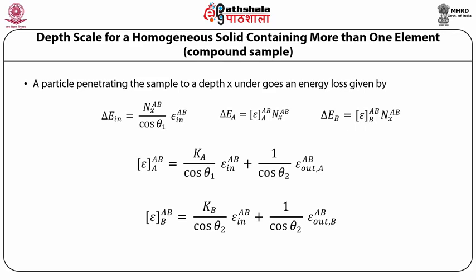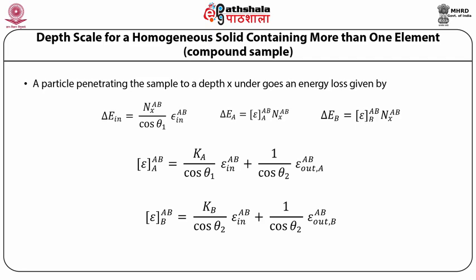For a compound sample, the yield of the backscattering spectrum and the energy to depth conversion thus depend on the element struck in the collision. All counts generated by backscattering from a given element constitute the signal of this element in the spectrum.